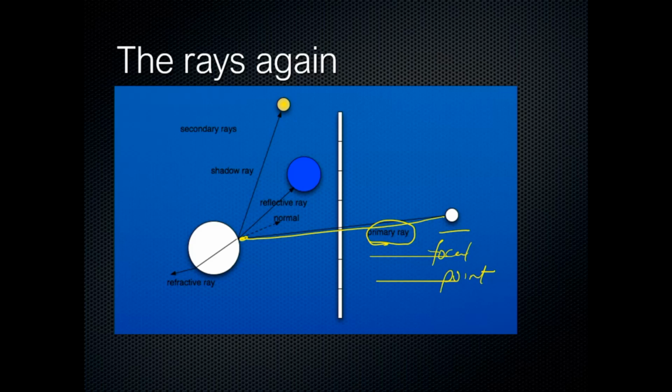Then we determine, from this point, what is the contribution of this point to the final image? Well, the first thing we do is cast out a shadow ray and see if we're illuminated by a light source. If we're diffuse, that might be enough. But if we're specular, we might send out a reflective ray and see where that reflective ray hits.